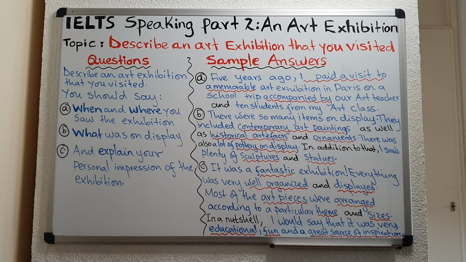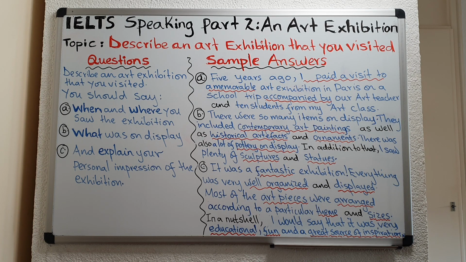A complex sentence is joined by 2 or more linking words. Let me give you some examples. Sample answer A. 5 years ago, I paid a visit to a memorable art exhibition in Paris on a school trip accompanied by our art teacher and 10 students from my art class. That is a complex sentence.